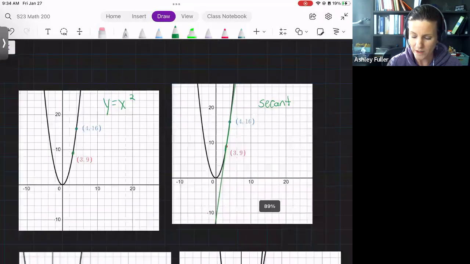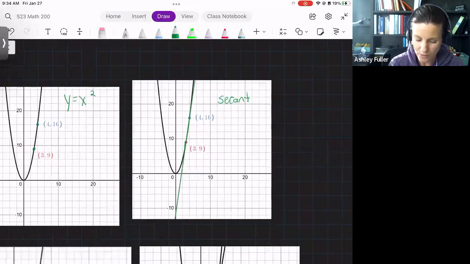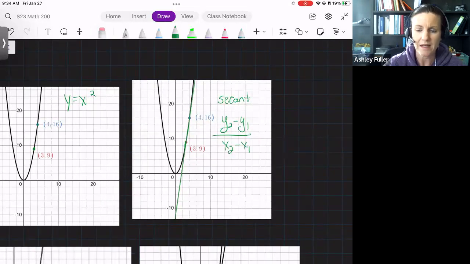Notice from here, we can determine the slope of this line by simply doing y2 minus y1 over x2 minus x1. If you do that, you're going to determine that the slope of the line is a positive slope from left to right, but it's not exact.